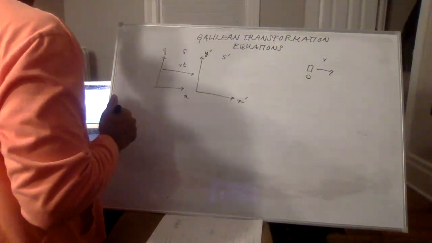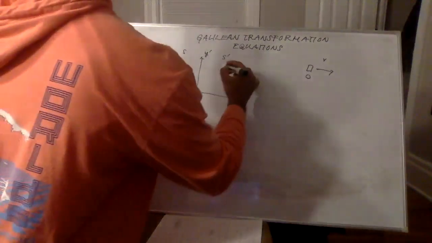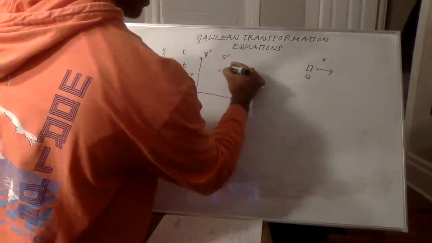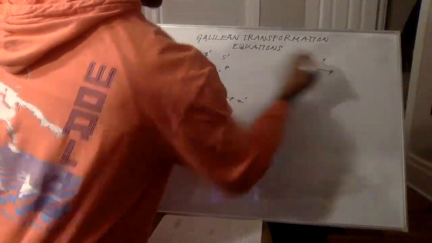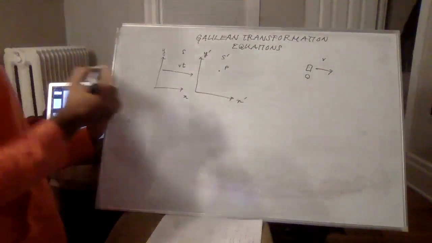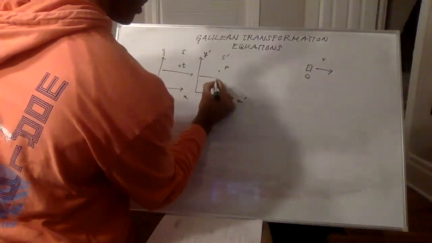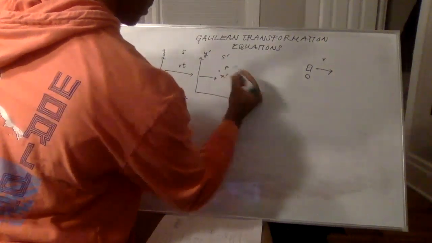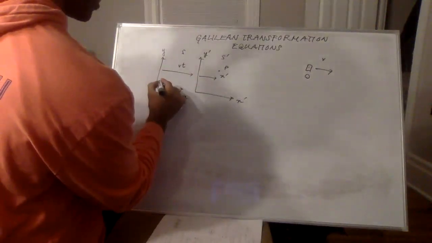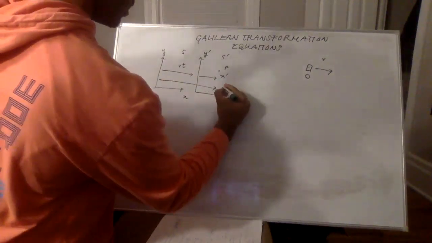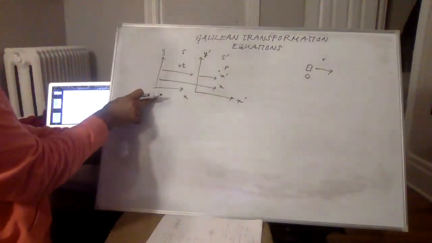Now let's say I have a point P here in the moving reference frame. So think about somebody in this car. This person is now x prime away from the start of this axis, right? And this total distance here is x, if we're looking from this reference frame.